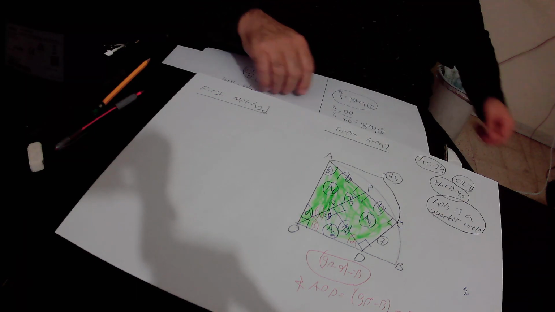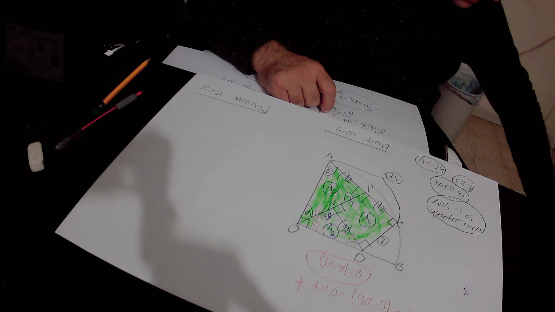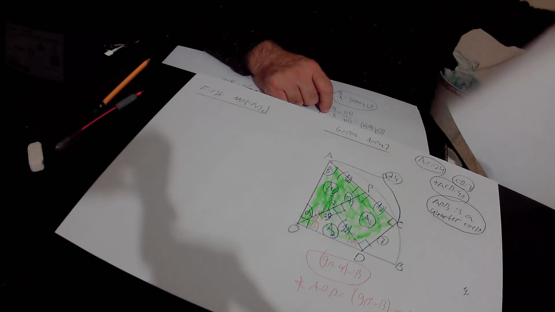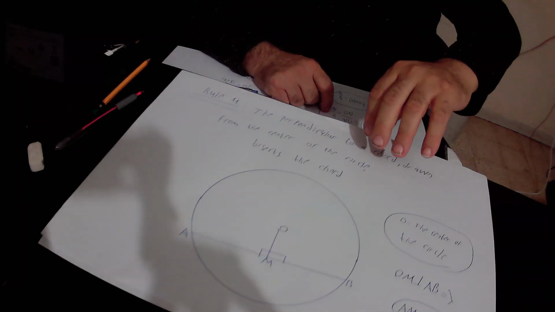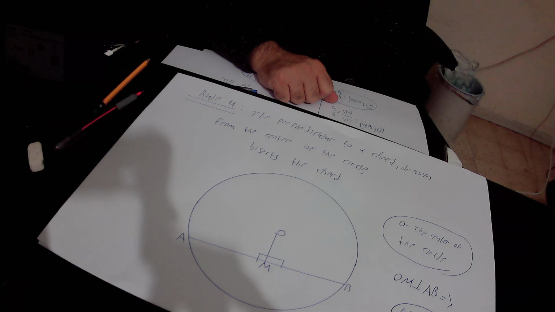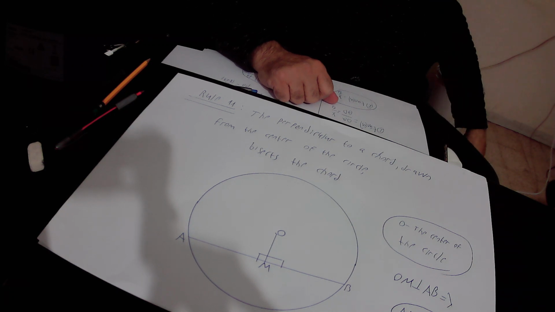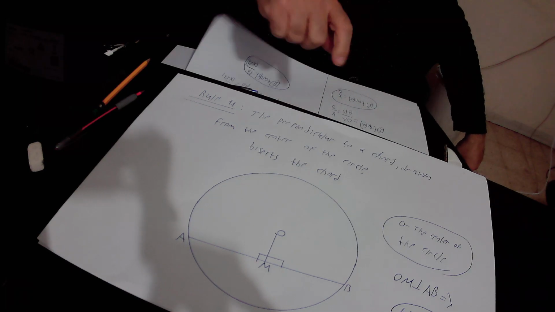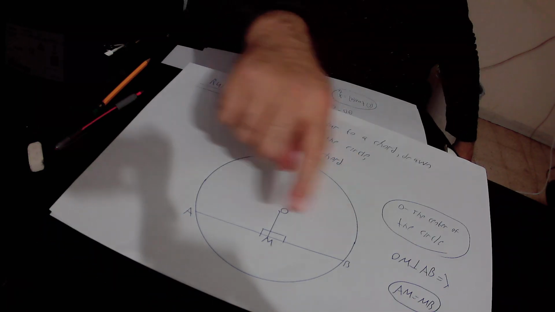And then I presented to you rule number 11. According to rule number 11, the perpendicular to a chord drawn from the center of a circle bisects the chord. Point O is the center of the circle.